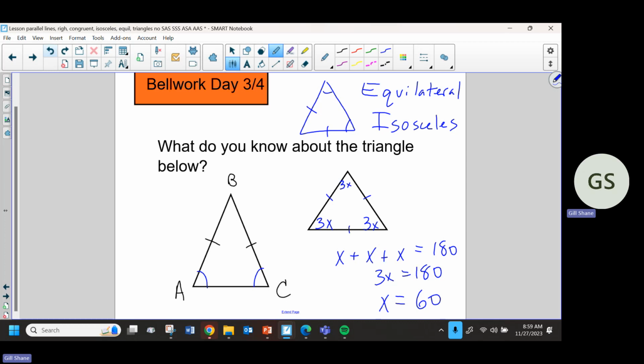Or if I understand that each angle is just 60 degrees, I could have just immediately said, okay, if that's an equilateral triangle, 3x has to equal 60.